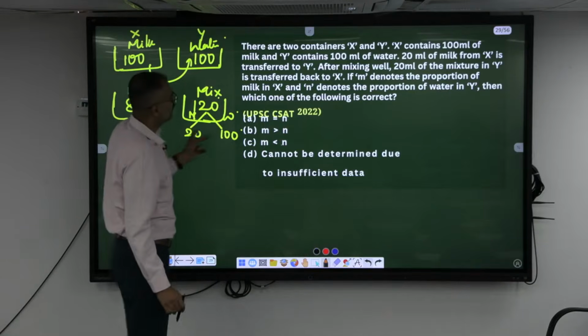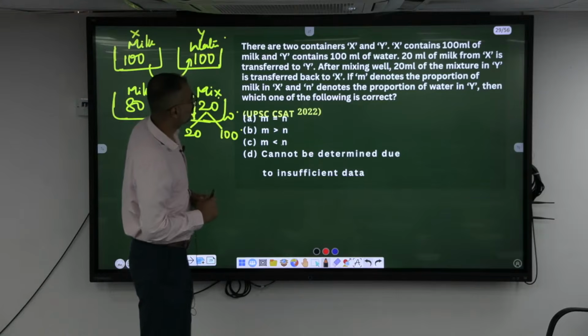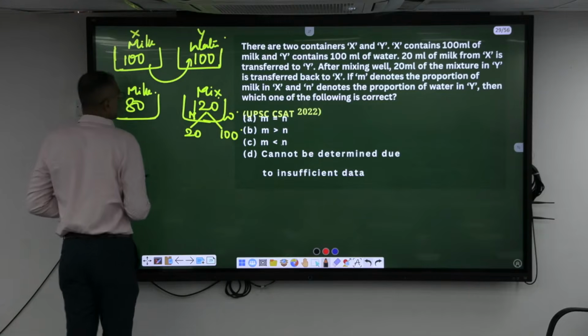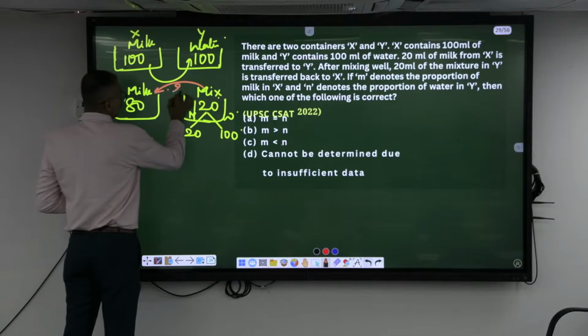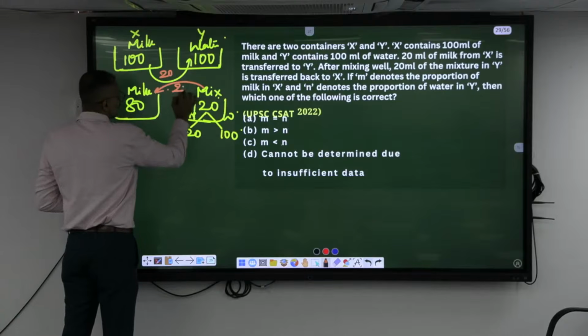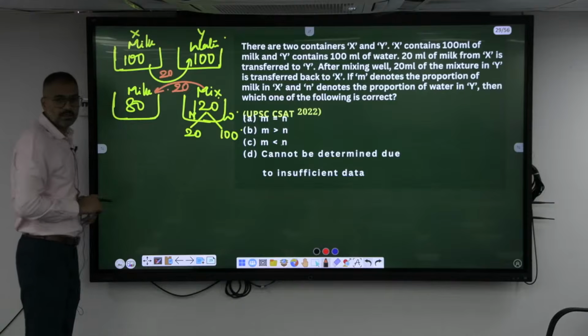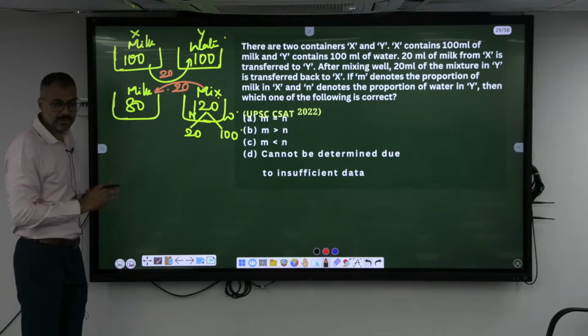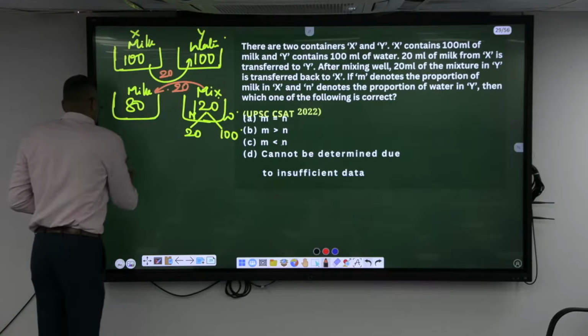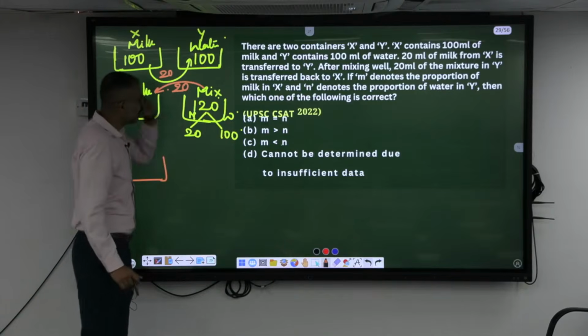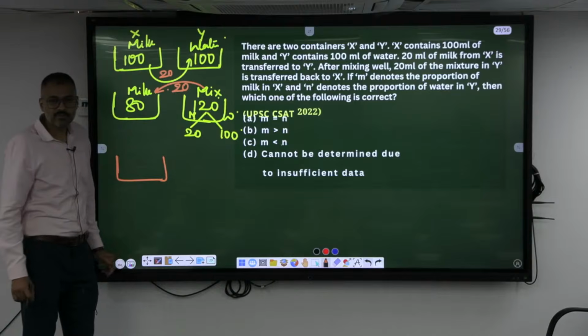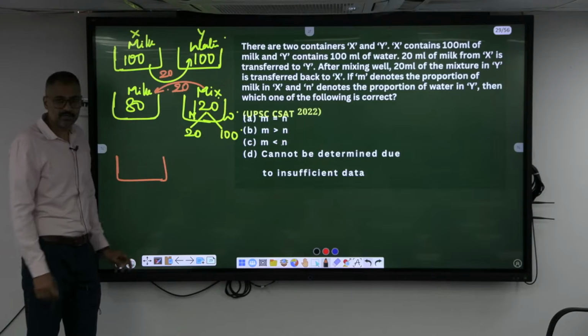He says, after mixing well, 20 ml of mixture in Y is transferred back to X. How much ml? Earlier 20 ml, now 20 ml. Okay. So in this 20 ml, how much milk and how much water?